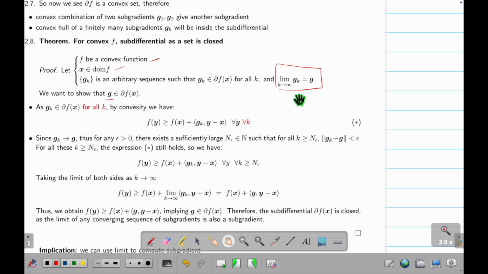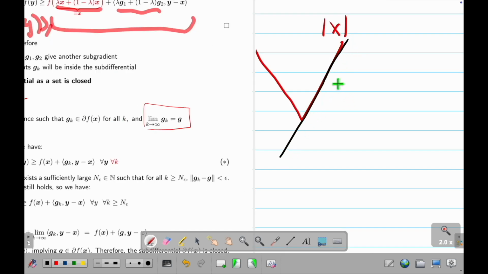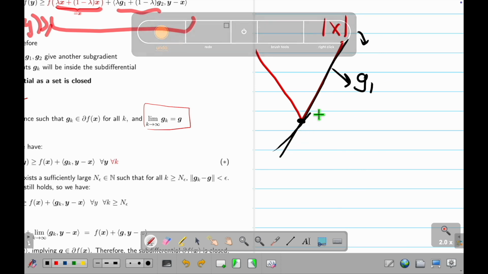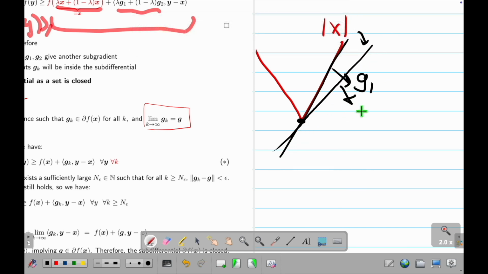Now let me give a picture. This line is a support at this point, right? So this is my g1. Now I slightly go a little bit in angle. So now I have this. This is my g2. And then I slightly go in angle. Now I have this. I have g3. You see what I'm going to do, right? Then I have g4, g5, g6. So what are these angles?